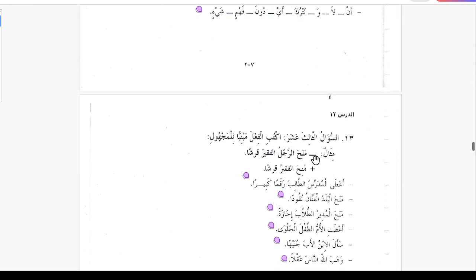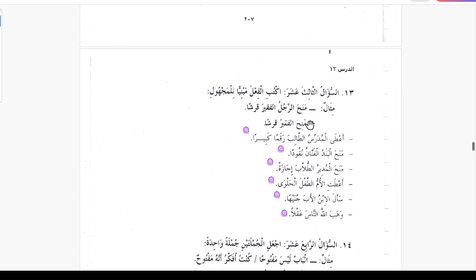Question number 13, aswalu salisa ashara uktubil fi'la mabniyan lil majhul. So now the sentences are given in the present tense form. We have to make it a majhul, we have to make a passive voice from active form to passive form.